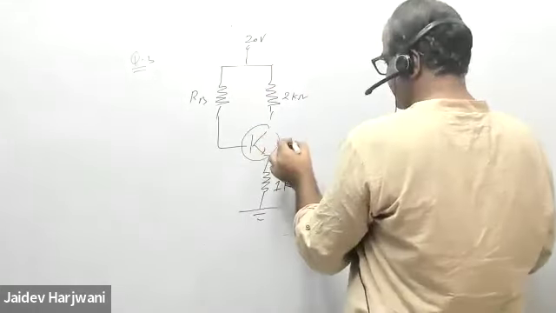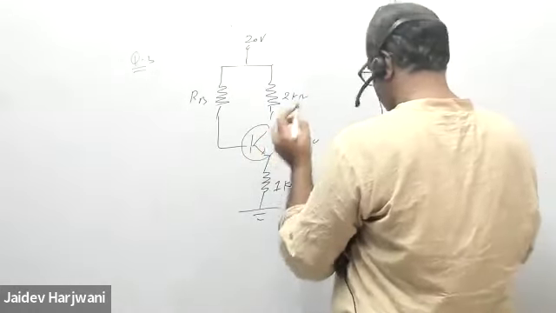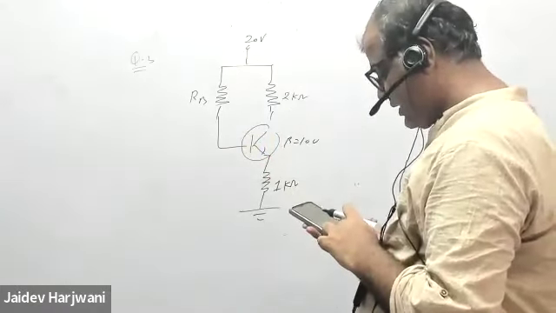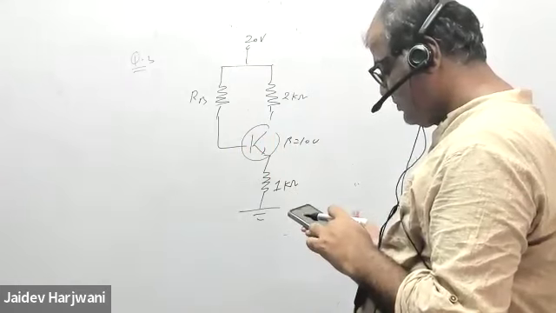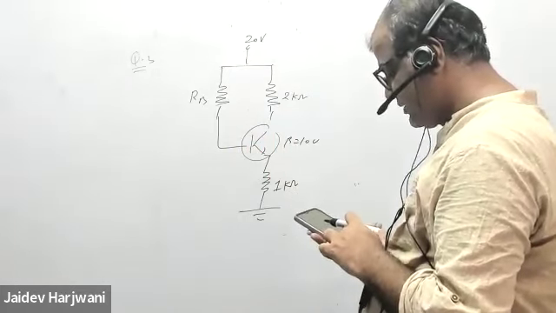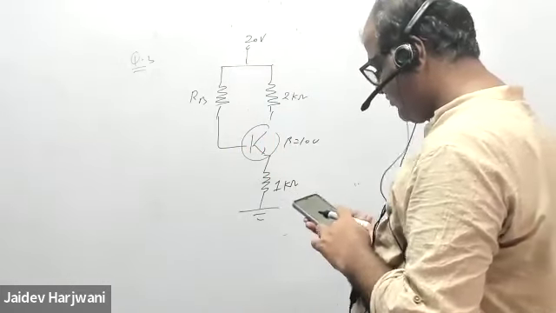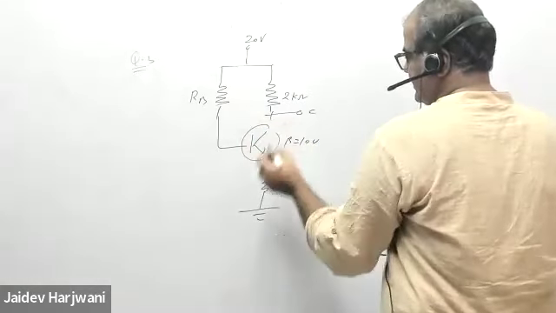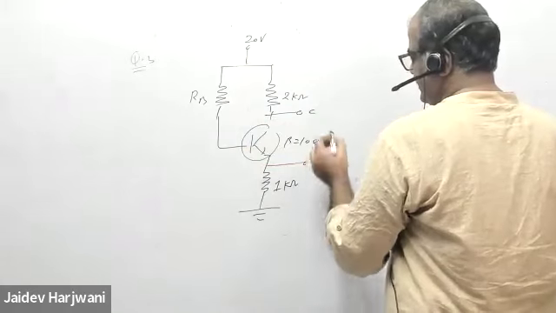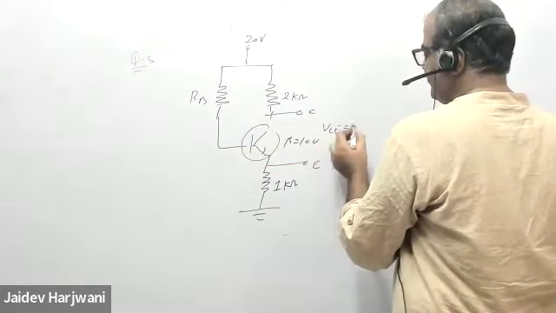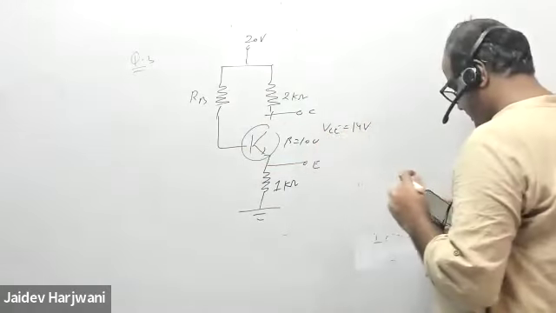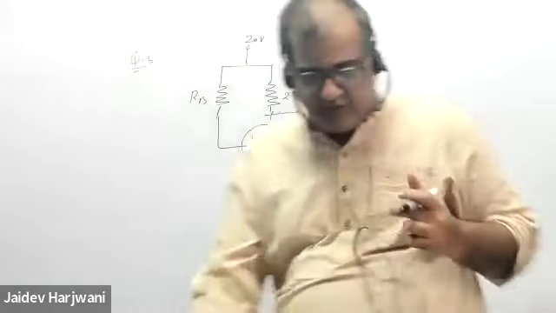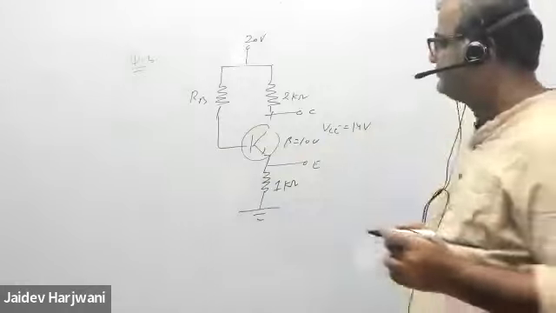Okay, beta is given 100, and we have to find the value of RB. VBE is given 0.7 and collector voltage is given 14 volt. So this is your collector, and VC is given 14 volt. Beta is given. So you have to find the value of RB.